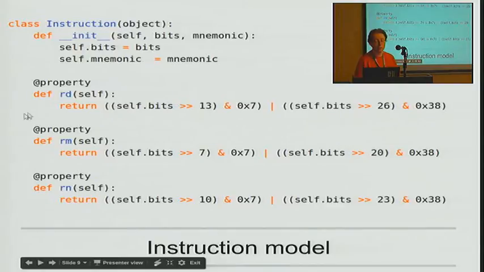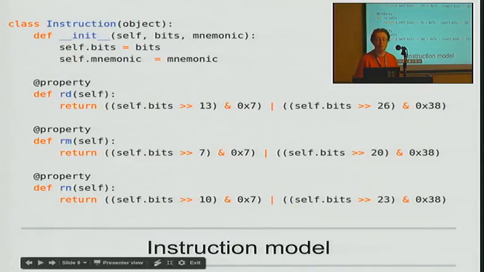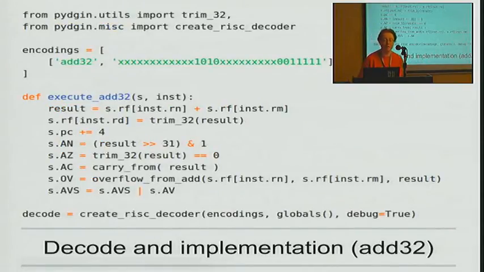Some of you who are proper Python people may say, well, RD and RM are not reasonable names for methods, and there are several unreasonable names in Revelation, and these come directly from the Epiphany architecture reference manual. So I try to make sure that my code and the reference manual are as similar as possible. And then these methods just do a little bit of bit twiddling to get out the right operands that we need for an add instruction.